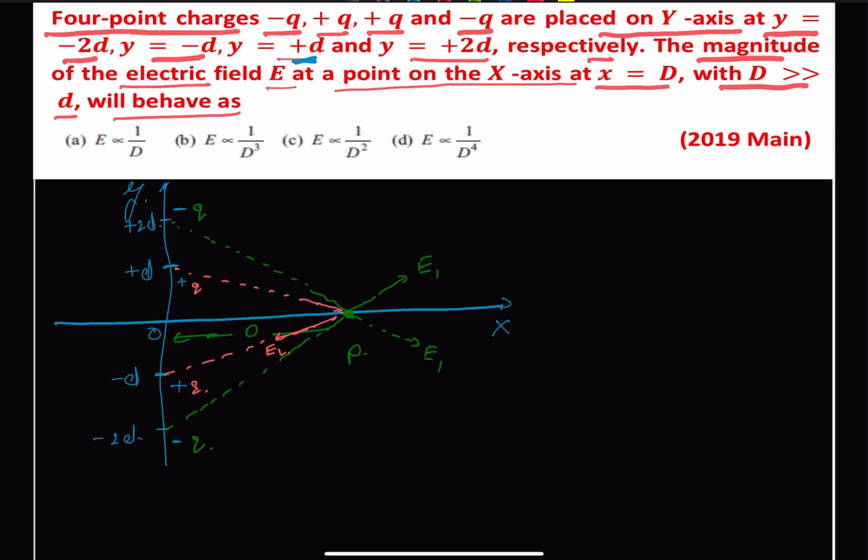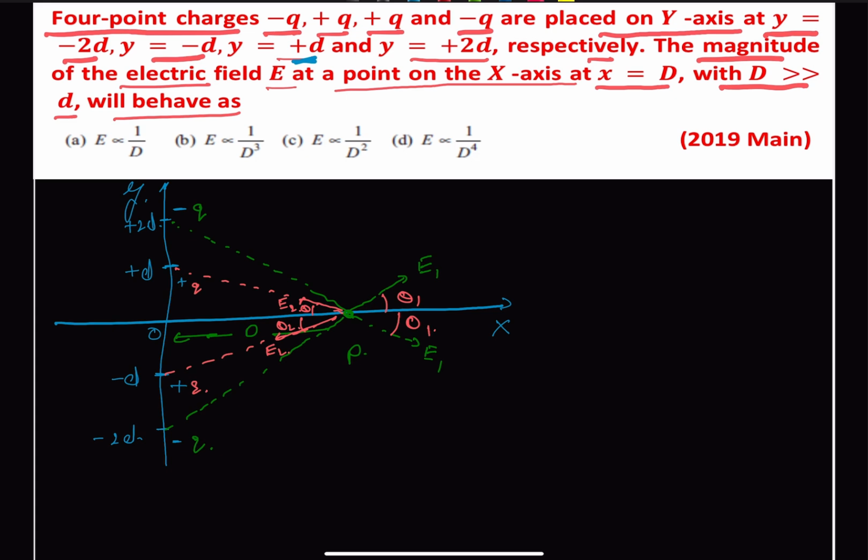Similarly, we can call this electric field also E2. And the angle made by E1 is, let us suppose, theta 1. On the other side the angle will be same, it is theta 1. And because of this E2, let us suppose the angle is given as theta 2. Other E2 will be also giving us angle of theta 2.